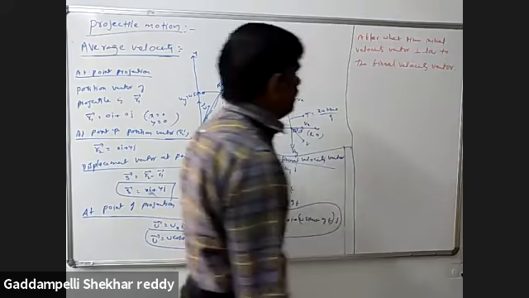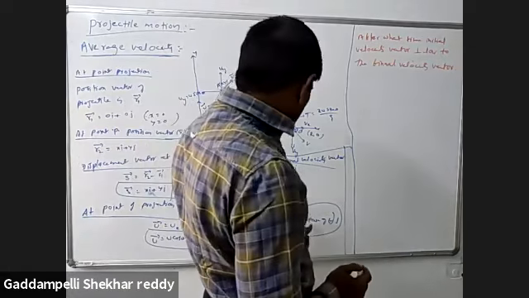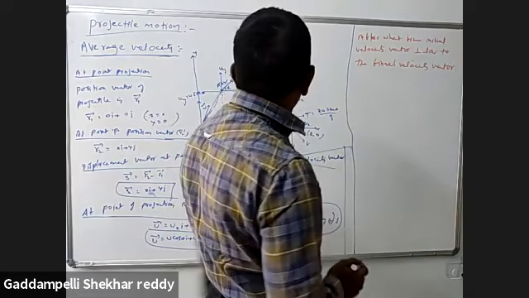This is most important. So after what time is the initial velocity vector perpendicular to the final velocity vector?